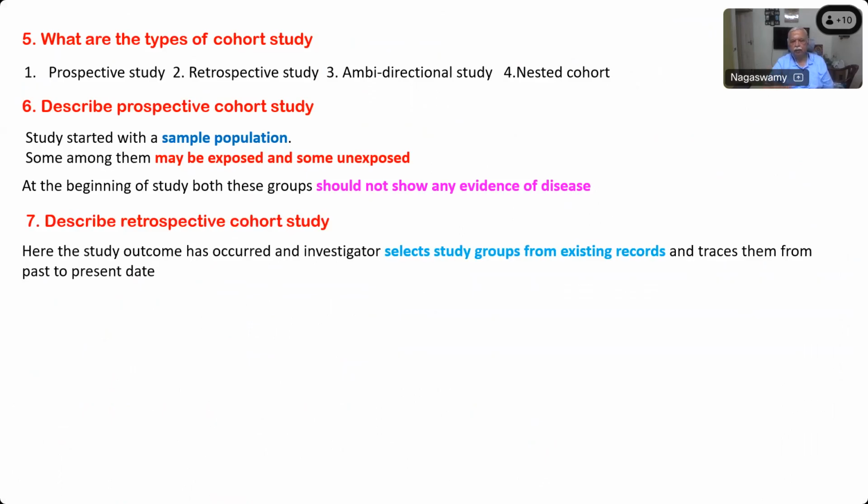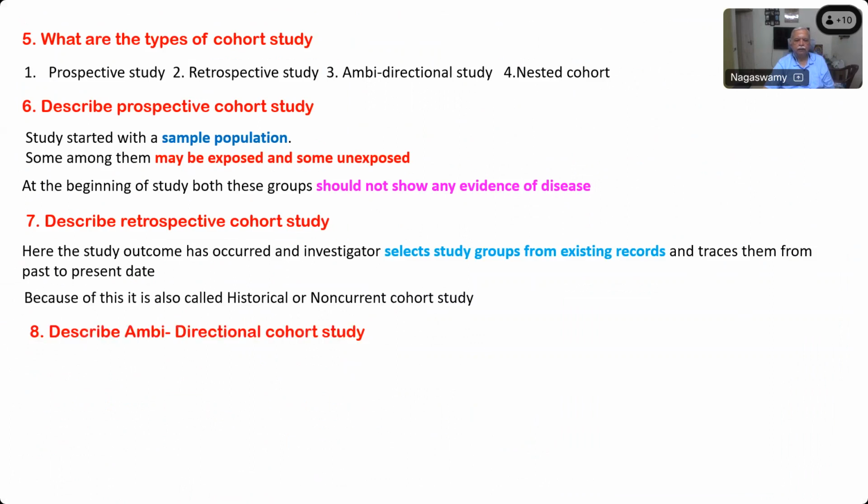So in the prospective study, you study a new thing in a population about which there is no previous study. Whereas in the retrospective study, it has already been done, and you go back to the records and try to find out something, like a meta-analysis. Because of this, it is also called a historical or non-concurrent cohort study.